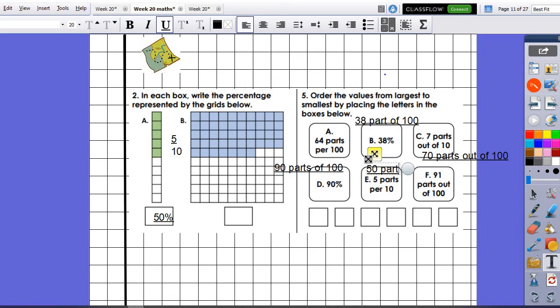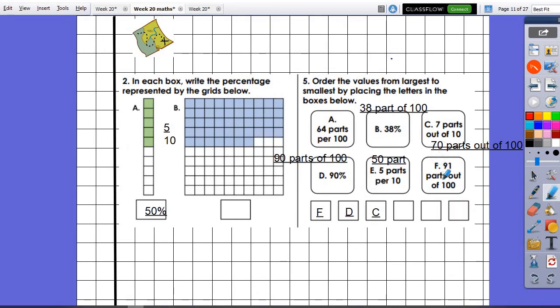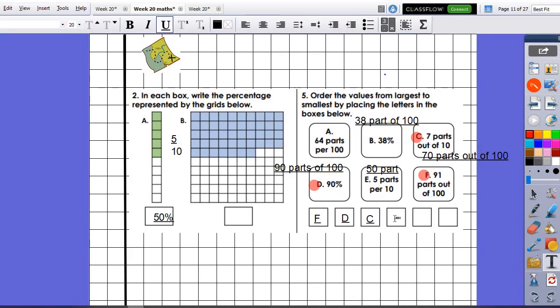I can then order them from largest to smallest, and I just need to write the letters. Don't need to write the question, just the letters. So the largest one is 91, so it'd go F. Then it would go to D. Then it would go to, let's have a look, 70 parts, so C. What I'm going to do is cross those ones out because then I know I've done F, C, and D, just to make it a bit easier for myself, and I'm not having to look at those three again.